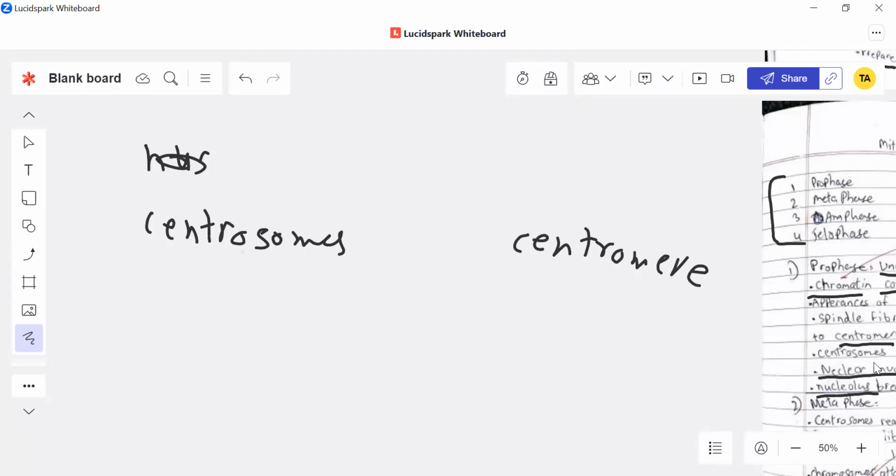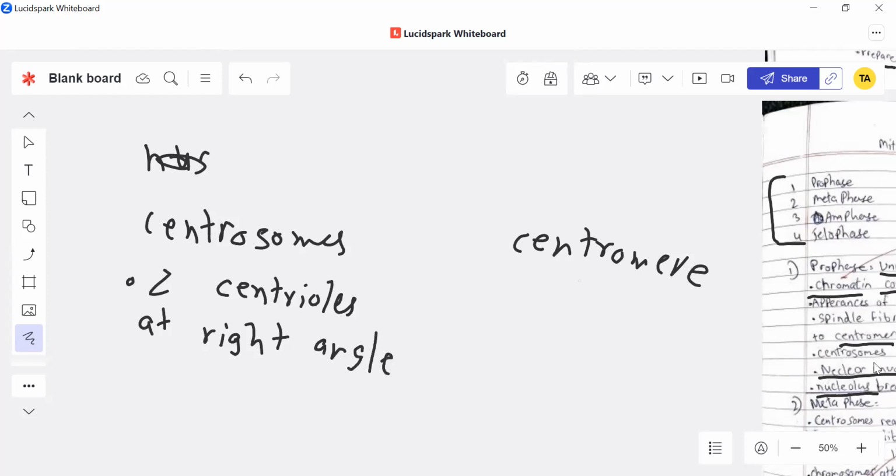Centrosomes are two centrioles at right angles, whereas the centromere is the center of a chromosome. Centromeres hold the chromosomes together.